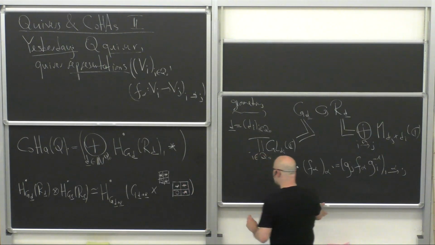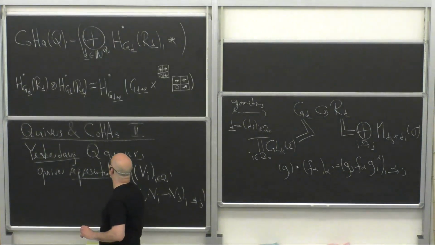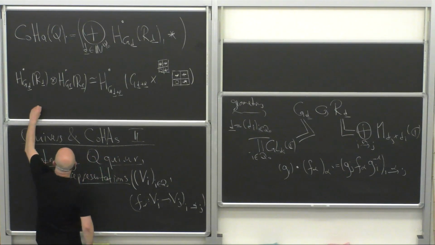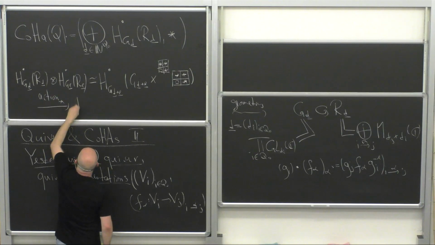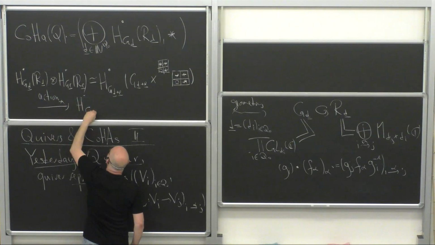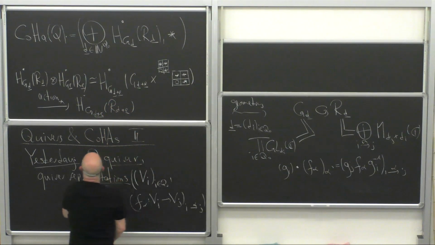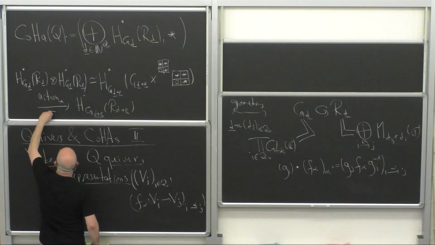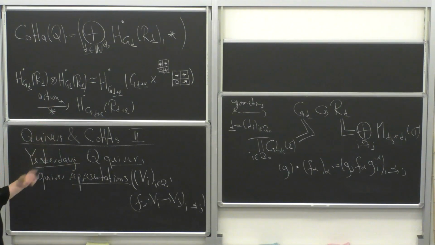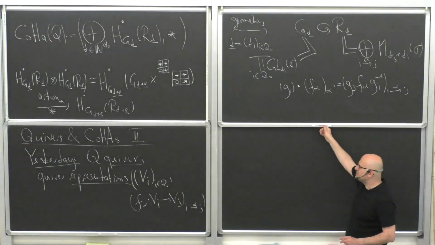And then I argued that from here there is a map which I called action lower star to the equivariant cohomology of the space R_{d+e}. This is the definition of this multiplication star. So star is essentially, up to all these identifications, just action lower star. And this final map I will now write down in a bit more detail.